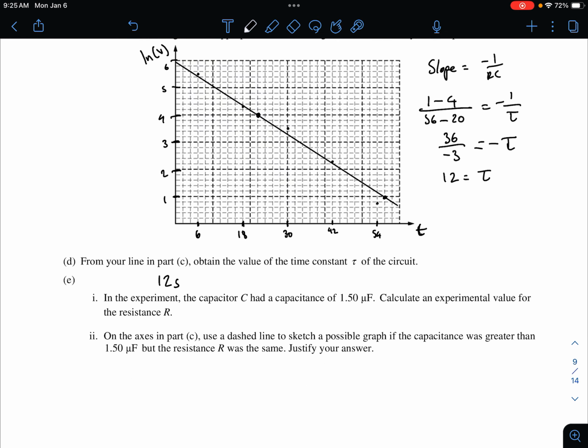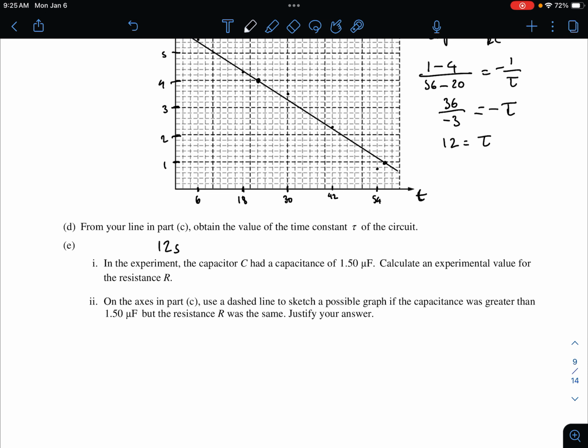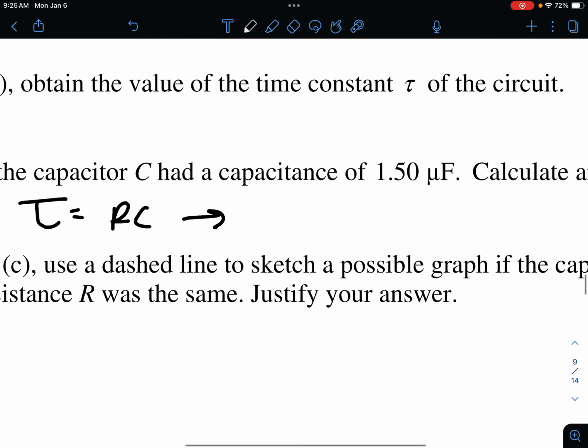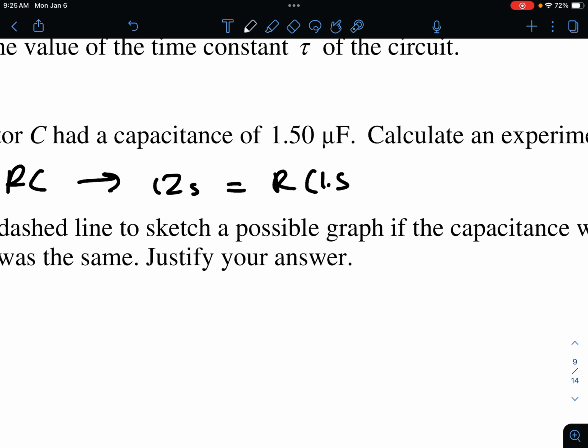It's a pretty large time constant. You're going to see it right here. In the experiment, the capacitor has 1.5 microfarads of capacitance. Calculate an experimental value of R. So for here, you could say that, okay, well, tau is equal to RC, so 12 seconds is equal to R times 1.5 times 10 to the negative 6 farads.